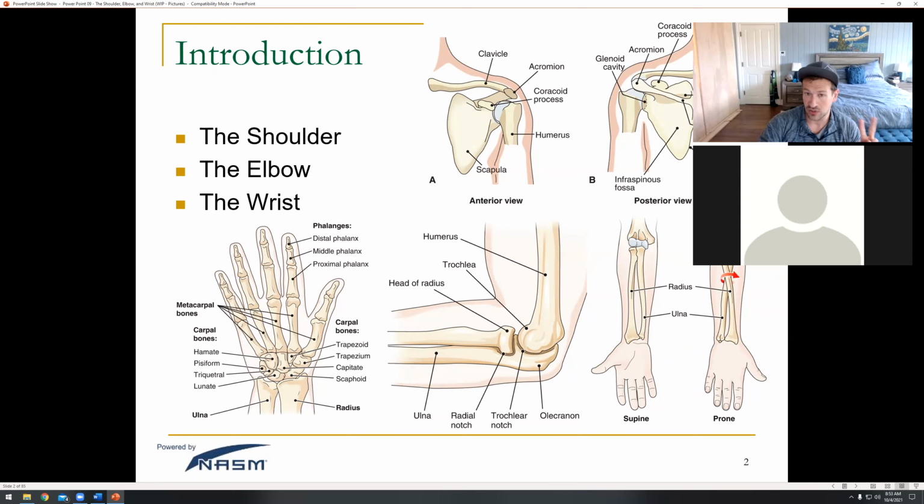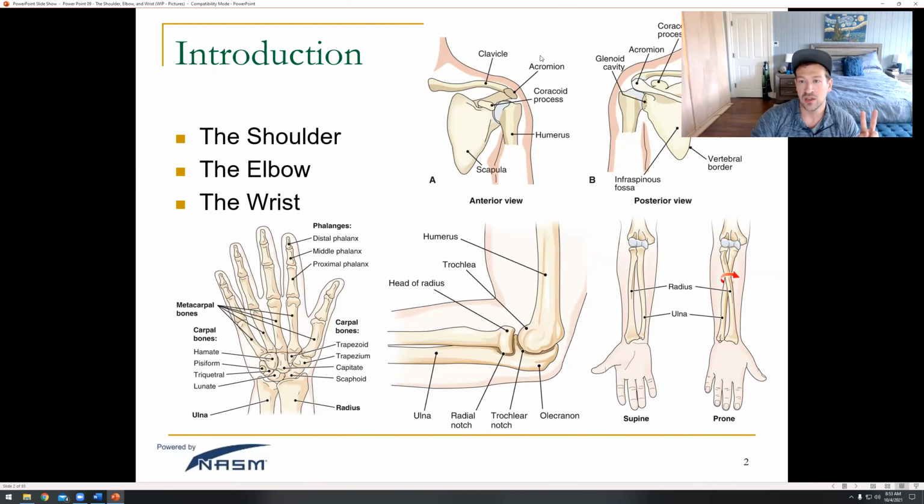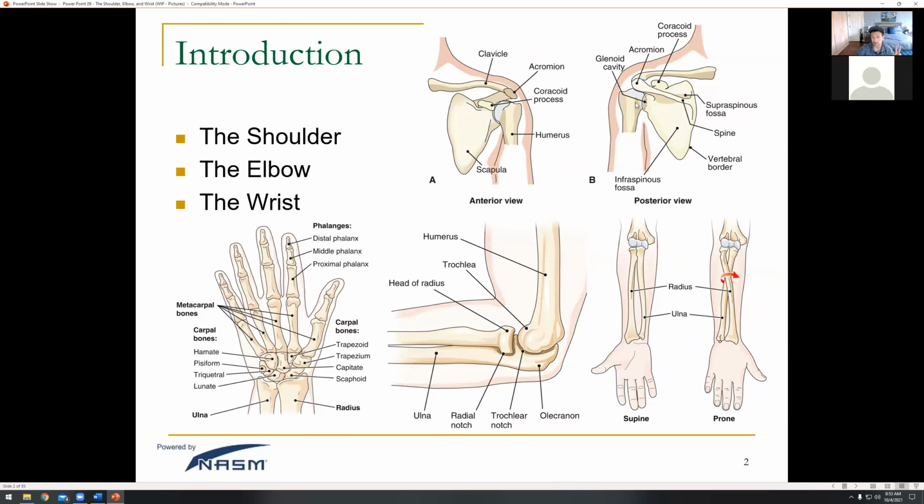So there are actually two separate structures we've got to talk about here. There's the shoulder girdle, which is your collarbone and scapula. And then there's the shoulder joint, which is your scapula and your humerus here. Similar to how your pelvis was your pelvic girdle, and then your pelvis plus your femur was your hip joint.